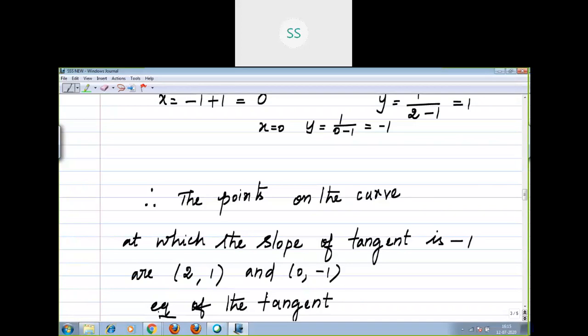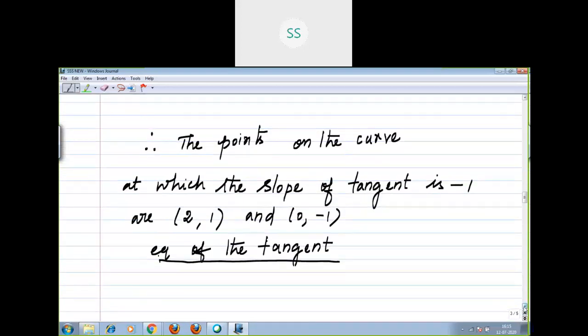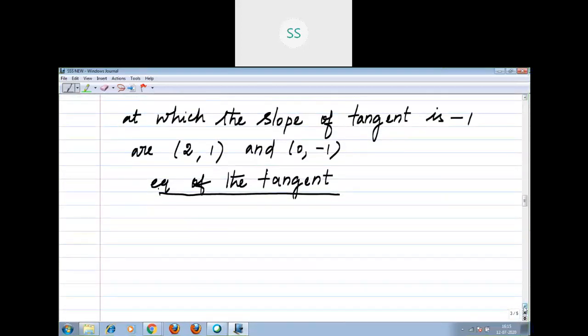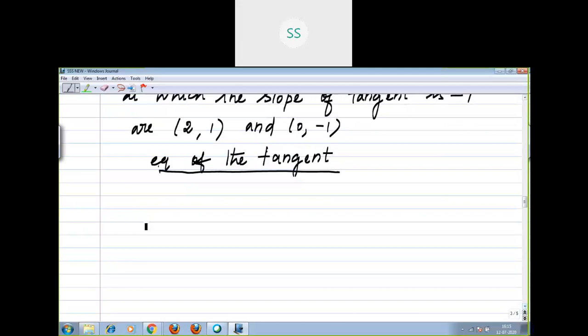See, the formula you have to write first. Right? y minus y1 equal to m into x minus x1. Here your m is equal to minus 1.